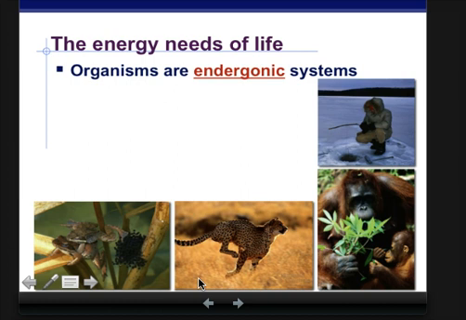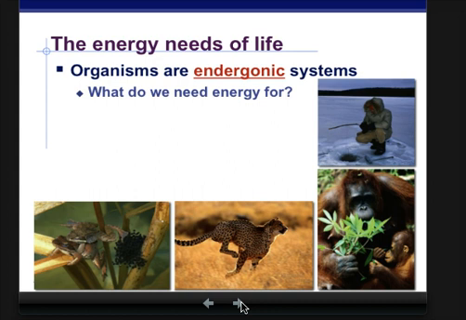Endergonic is a reaction that absorbs free energy from its surroundings. For example, in photosynthesis, plants are storing energy, and that's an endergonic reaction.